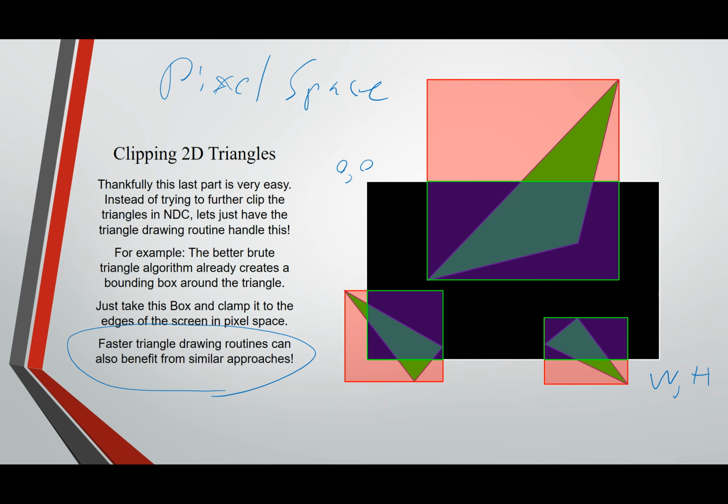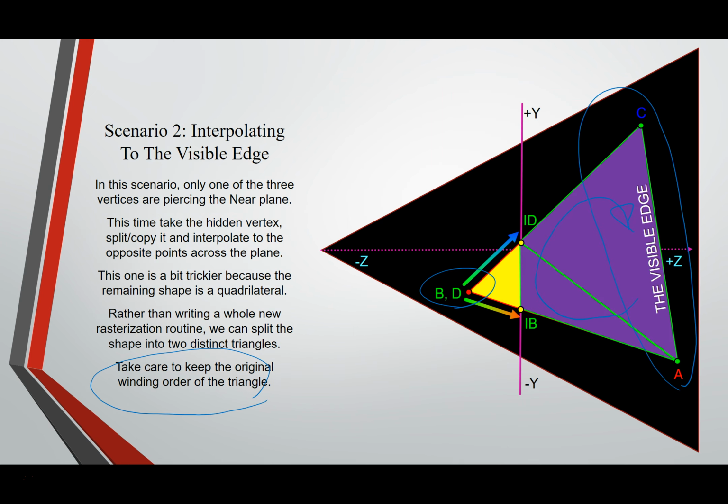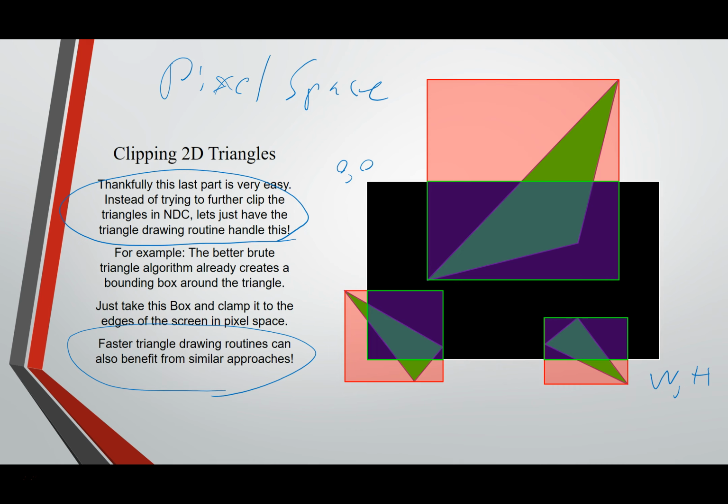Okay, that being said, if you really wanted to, and you want to not do this on a pixel level, you could do this in NDC, just like we did for the lines. You could do that too, whichever is more comfortable for you.